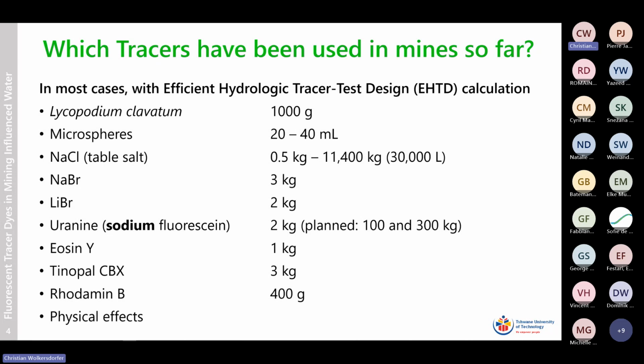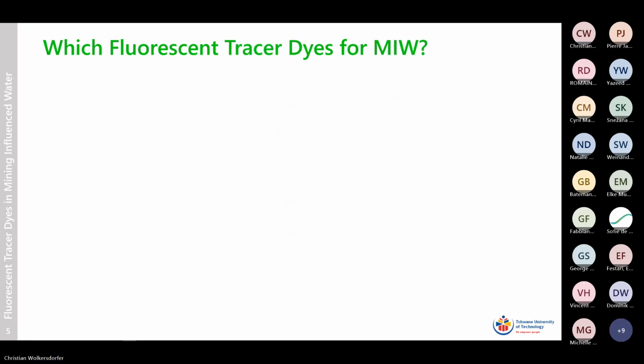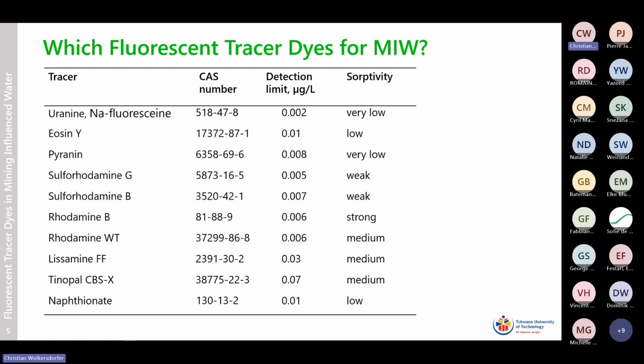Oh, and the physical effects, which I explained just before. But which are the fluorescent tracer dyes, because this is the title of our presentation. You can see them here in this table with the CAS number, the detection limit, and the sorptivity, just to give you an overview. The ones we usually use are uranine, eosin Y, and Tinopal CBS-X.